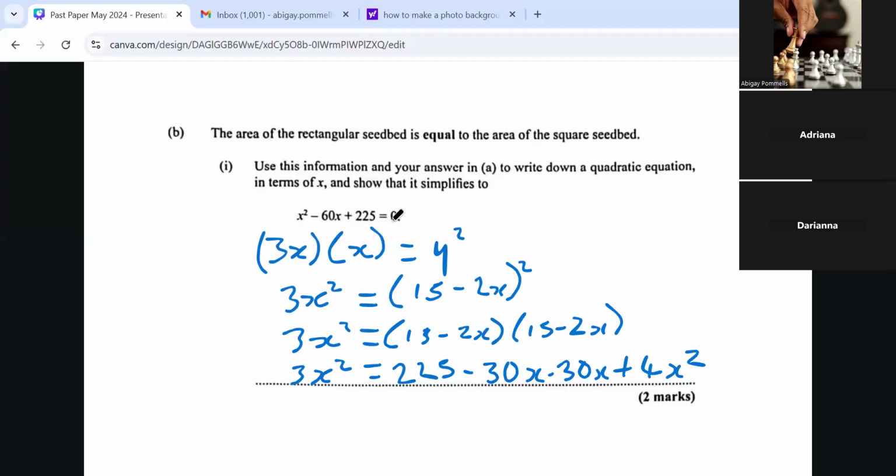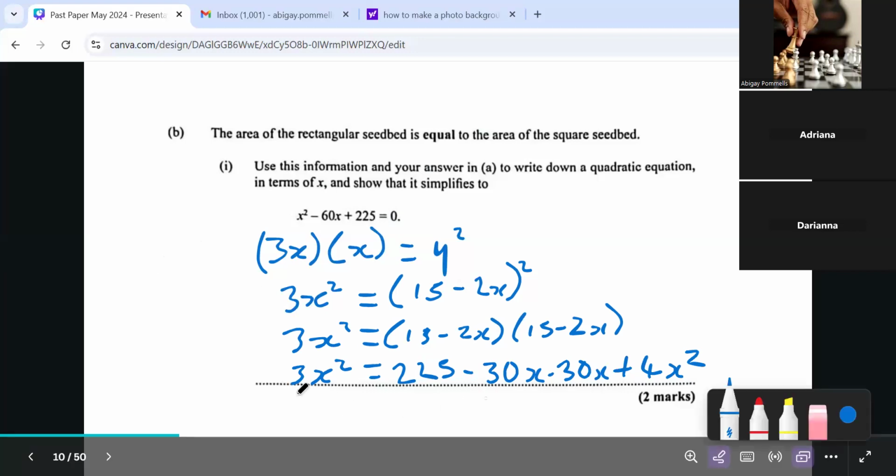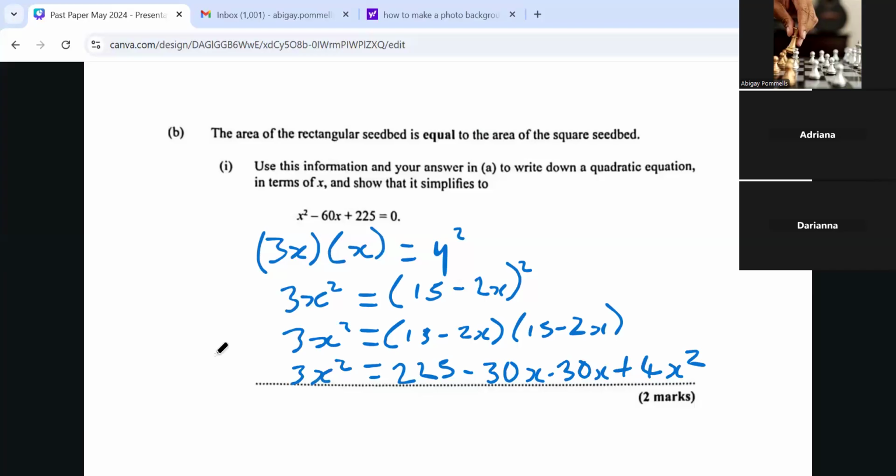Now it doesn't look like the formula up here yet. So I realize that the equation must equal 0. So I am going to first carry the 3x squared over to the other side. When we carry that over, this side is going to equal 0. And since 3x squared is positive, when you carry it over here, it's going to be negative. So negative 3x squared.